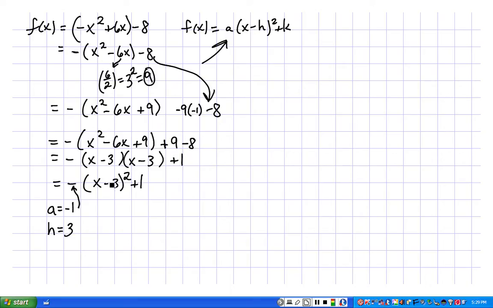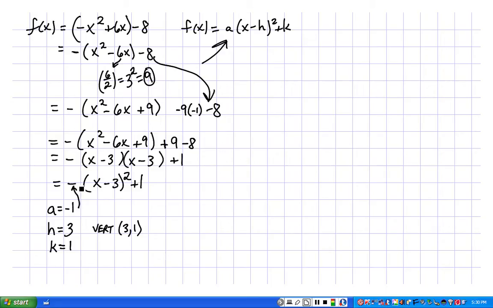The minus sign is part of the formula, so it's x minus h, so h is 3. My k is 1. There's my k, the 1. So my vertex is 3, 1.